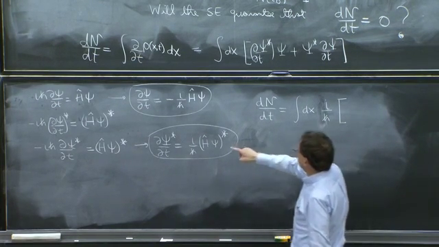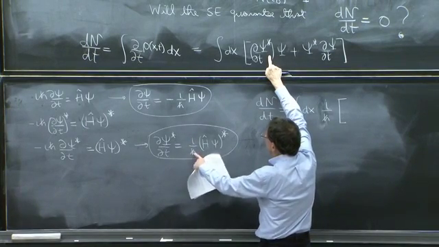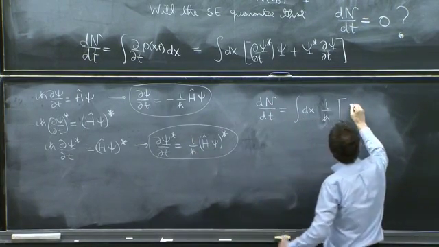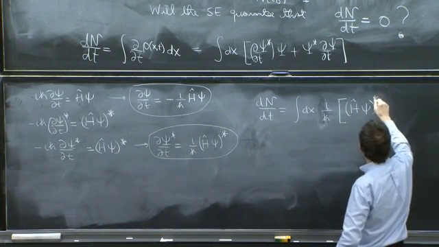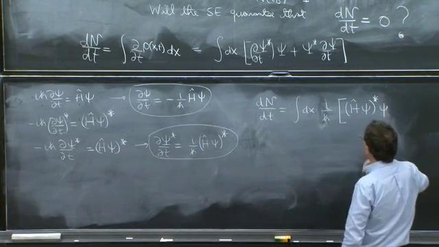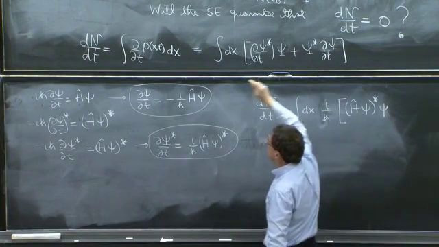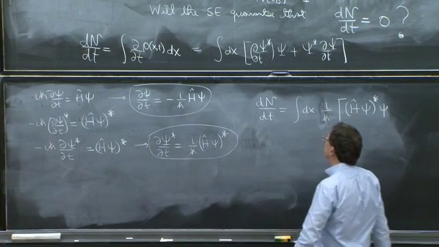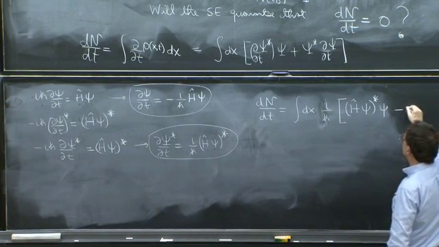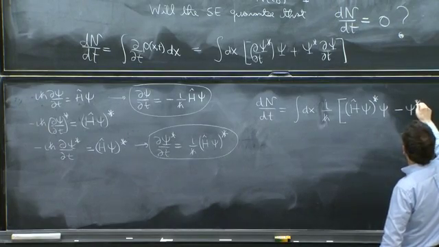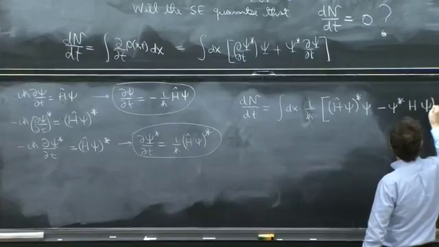Look at this term first. You have i over h bar, H psi star, psi. And the second term involves a d psi/dt that comes with an opposite sign. Same factor of i over h bar. So minus psi star H psi.